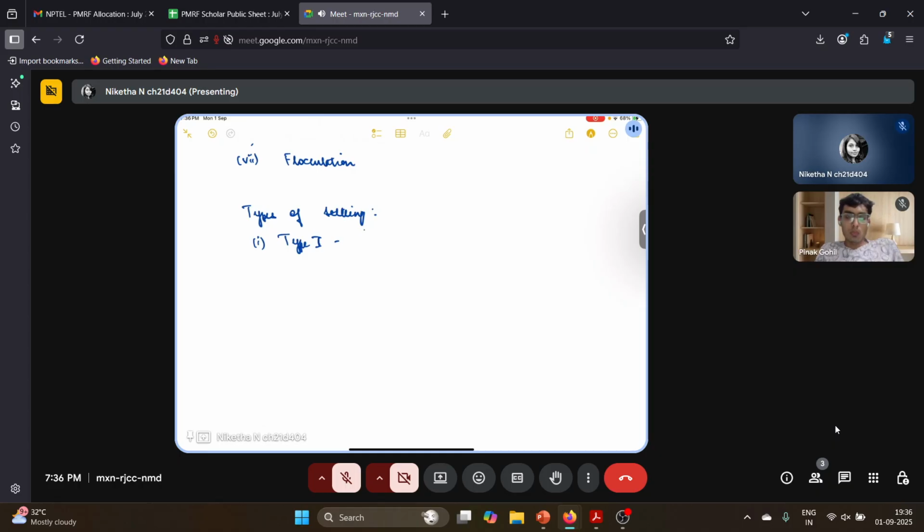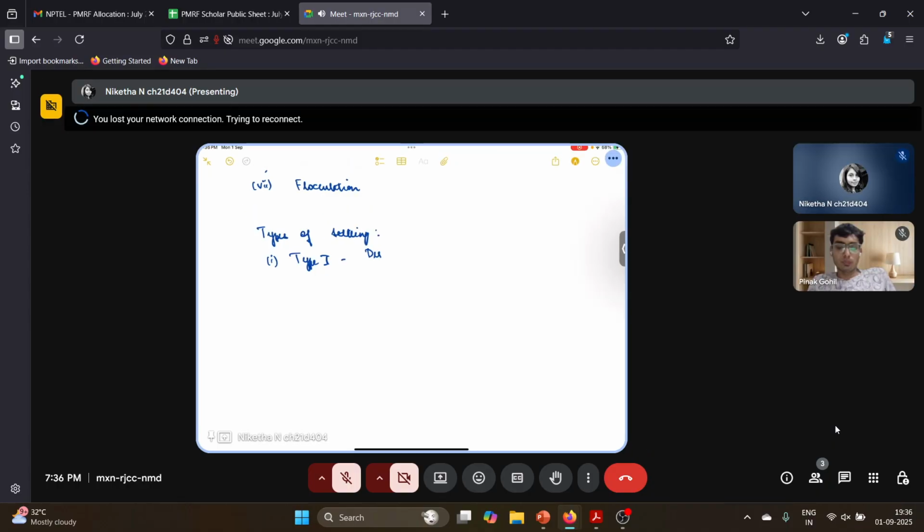Type 1 is discrete settling. In discrete settling, the particles will fall down at equal depth in equal time.